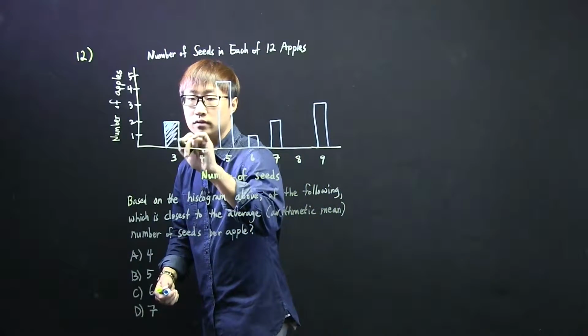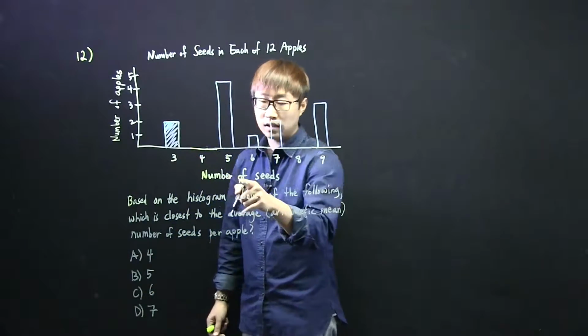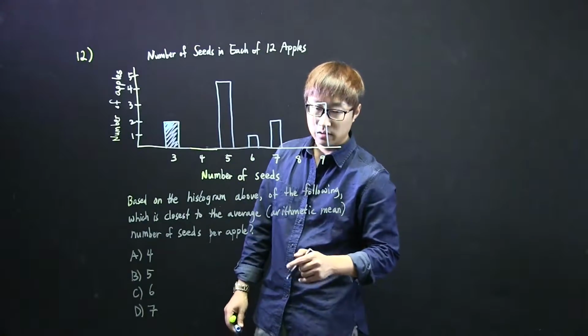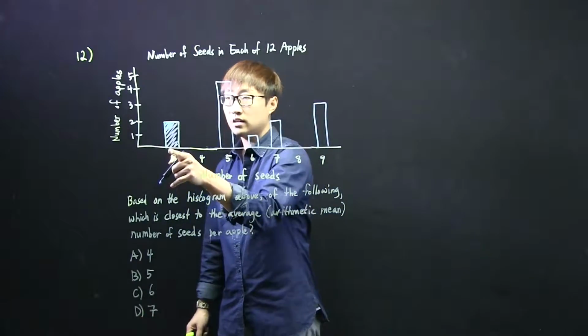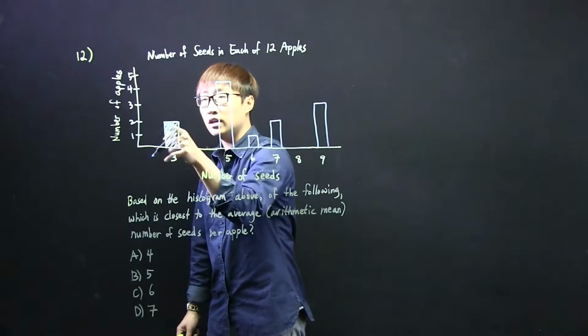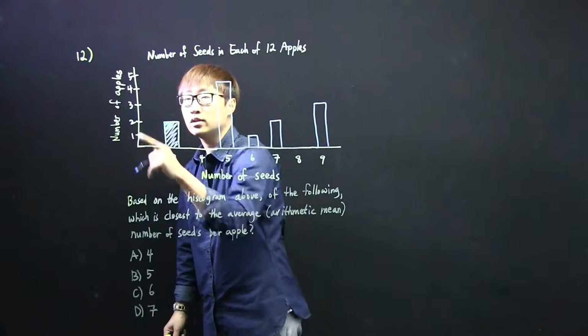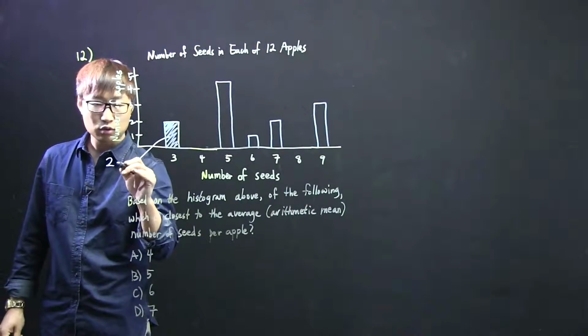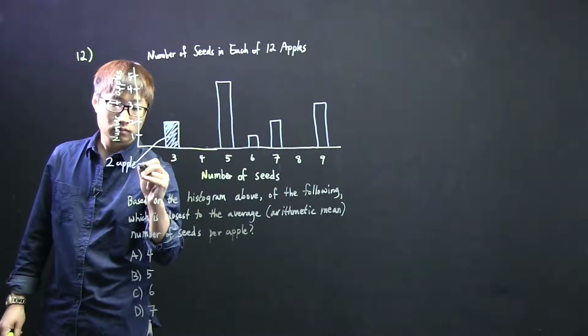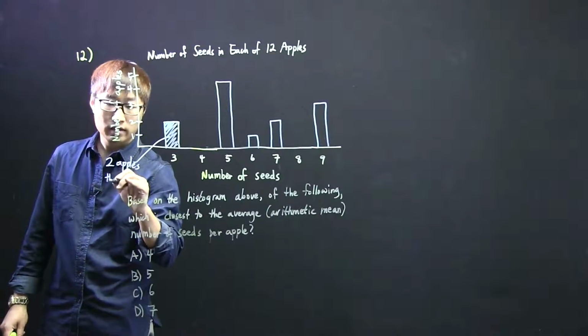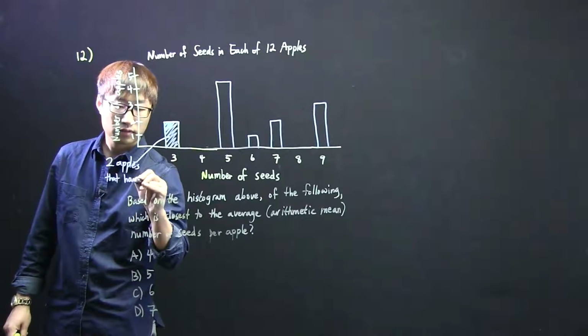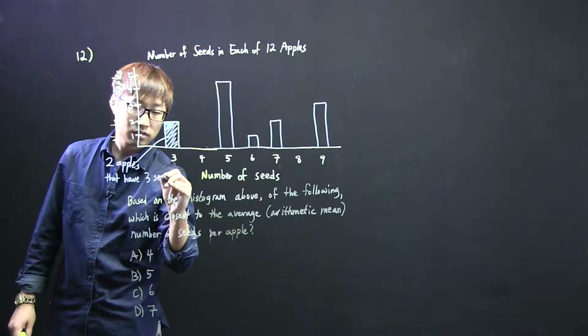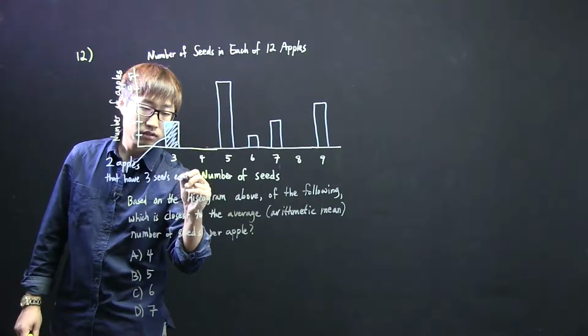So let's take an example of this column over here. For that one, the number of seeds is 3, so 3 seeds here. And over here, the number of apples is 2. What does that mean? For that one, there are 2 apples that have 3 seeds each.